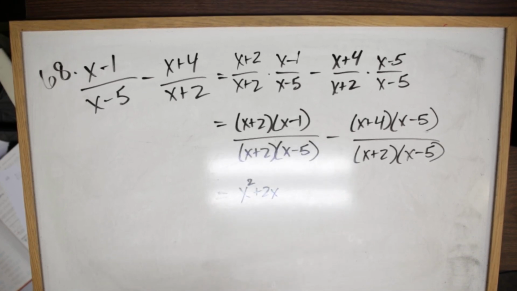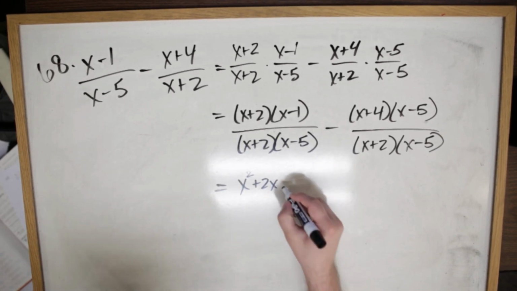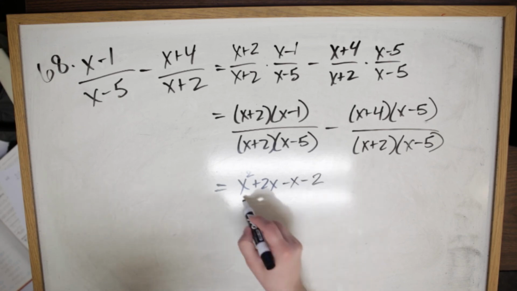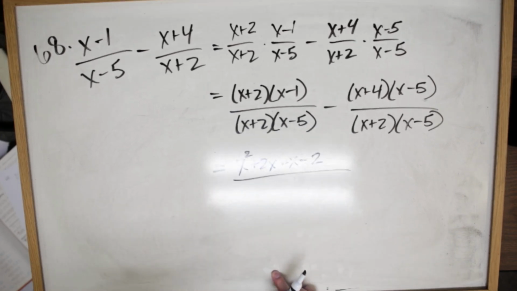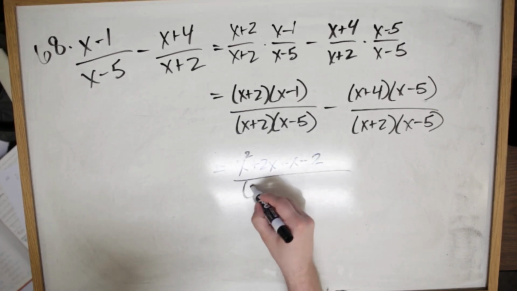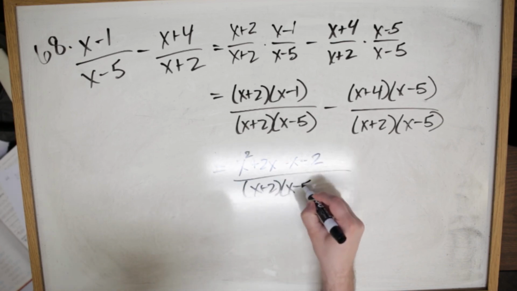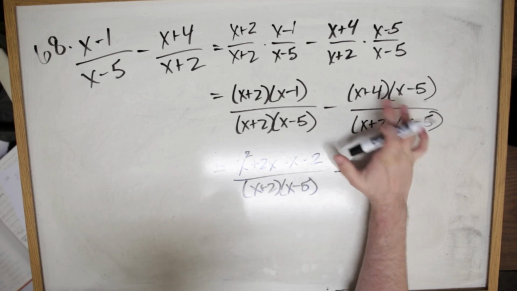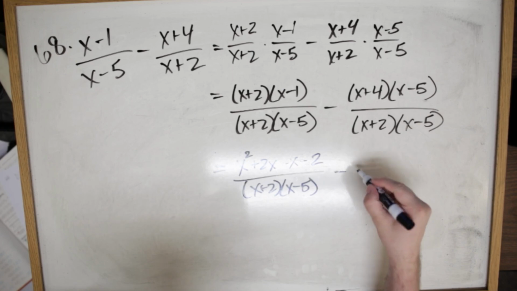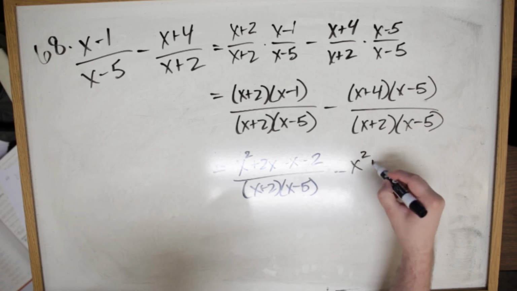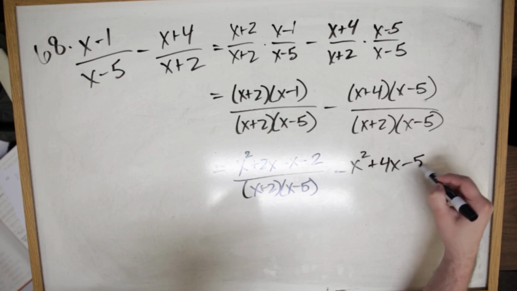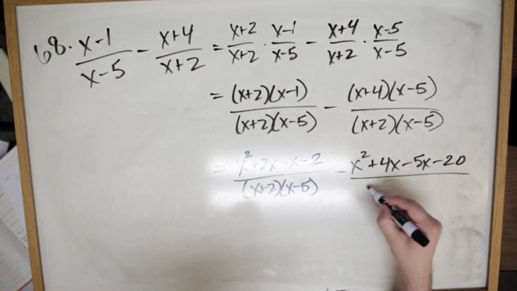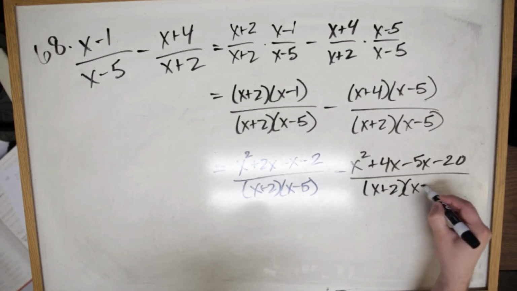X squared plus 2x minus x minus 2 all over, again, x plus 2, x minus 5, minus, what's up top? X squared plus 4x minus 5x minus 20. Again, I'm doing FOIL on all of these. X plus 2, x minus 5.